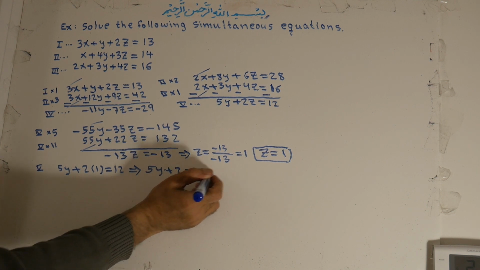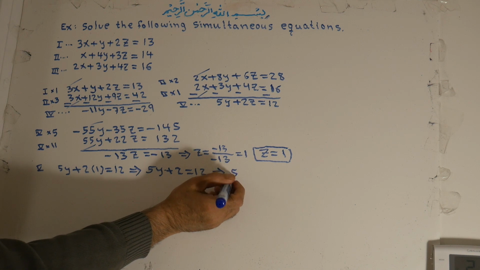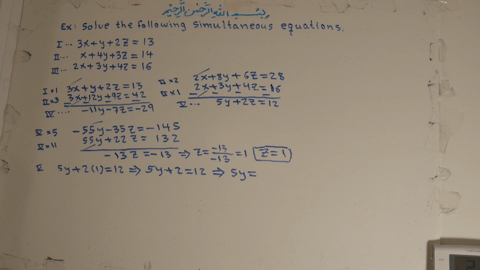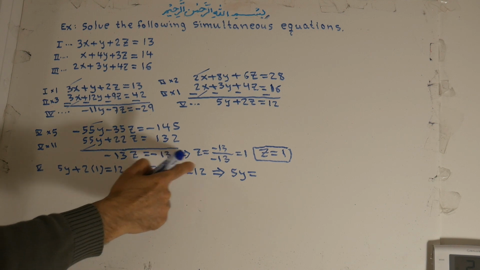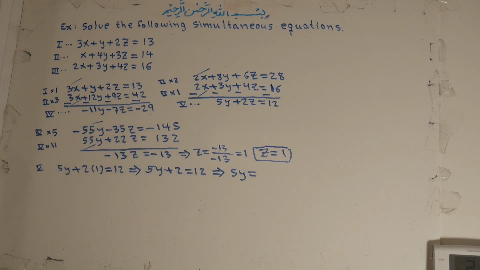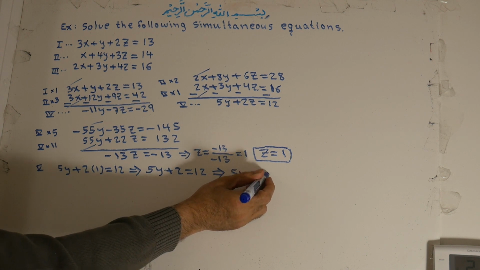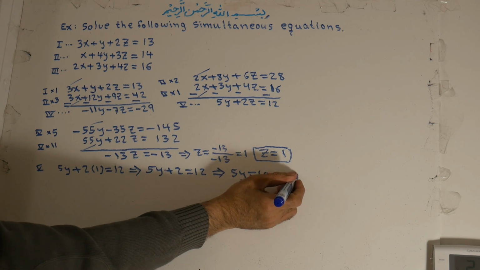Now from here 5y is equal to 12. If we carry the positive 2 to the right side, it becomes negative 2. 12 minus 2 is 10. 5y is equal to 10, then y is equal to 2.